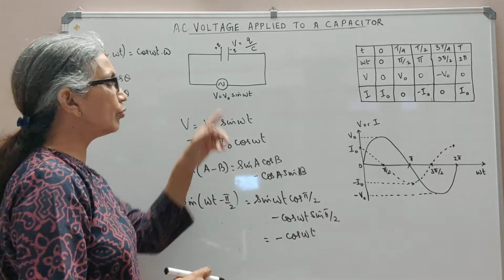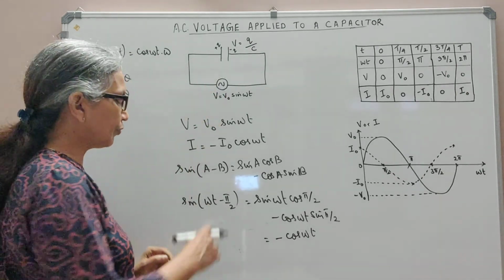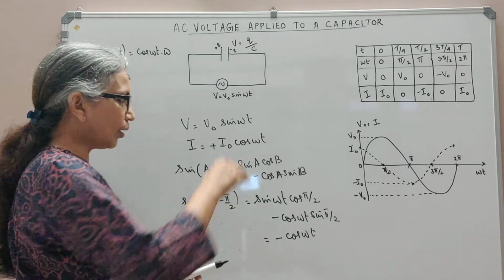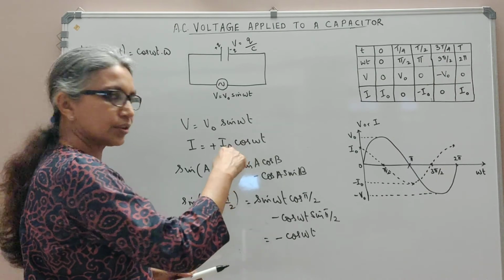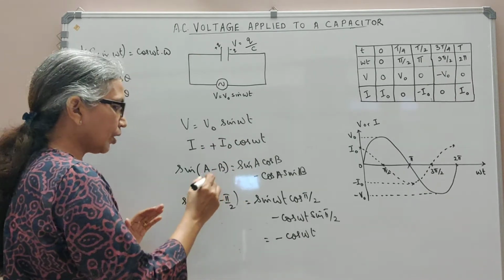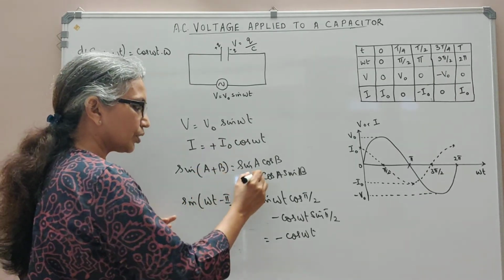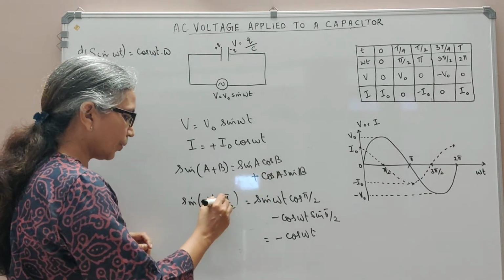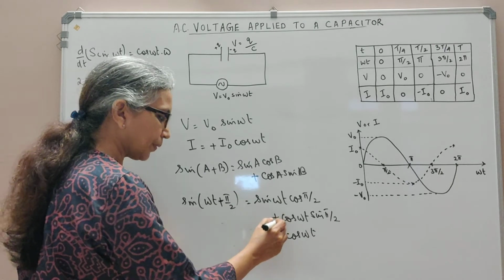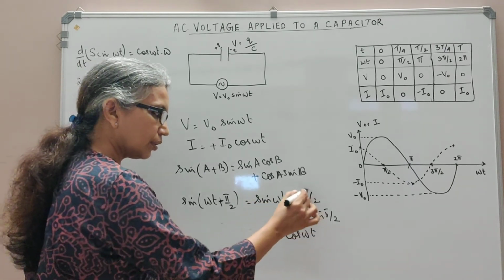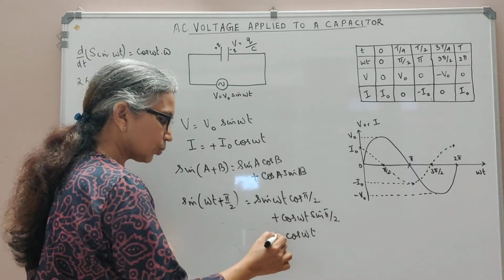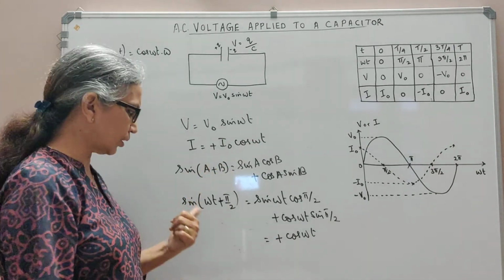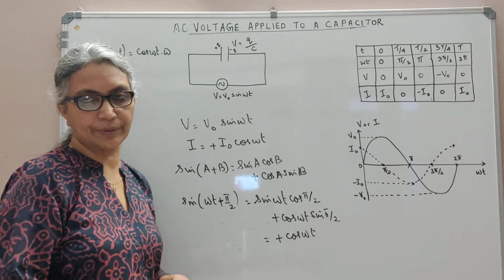In our session now for the capacitor only circuit, what we got is I equal to plus I0 cos omega t. To compare the two, we wanted to convert this into a sine function. So I am now going to take sine A plus B, which is sine A cos B plus cos A sine B, so that with omega t plus pi by 2, this reduces to 0, this is 1, so this is plus. So plus cos omega t, I asked you to take it as sine omega t plus pi by 2.